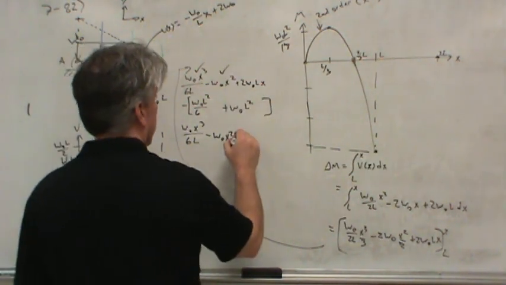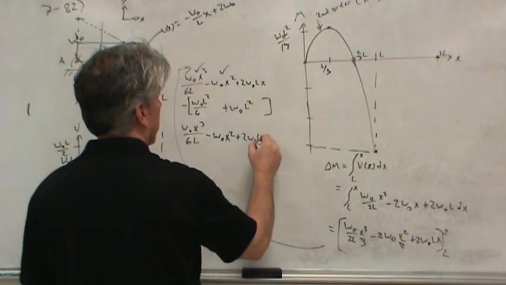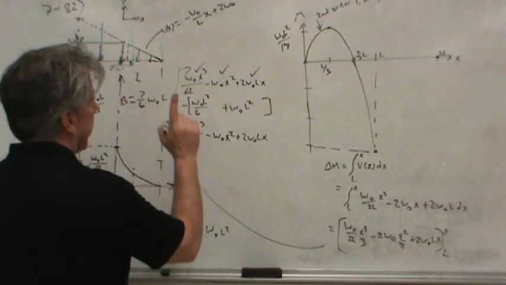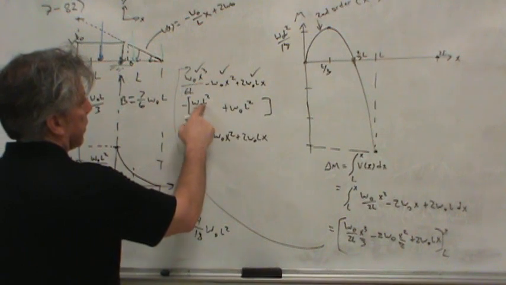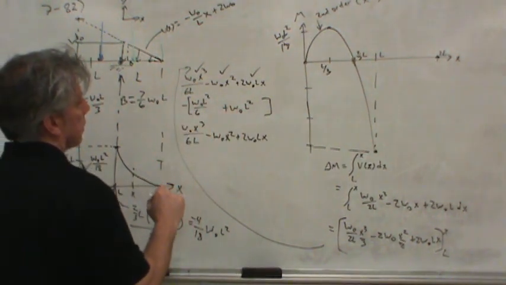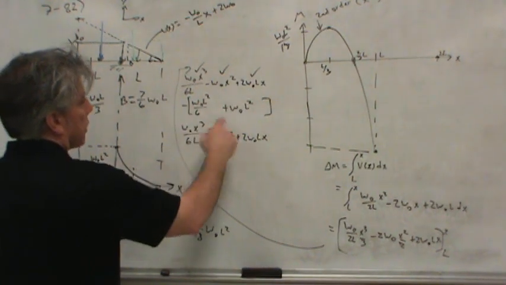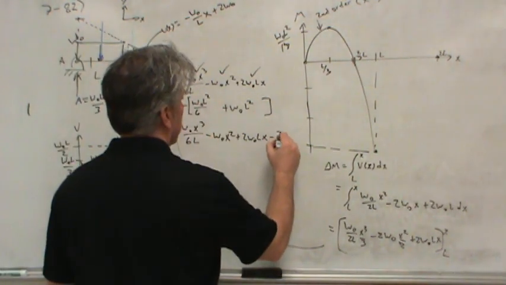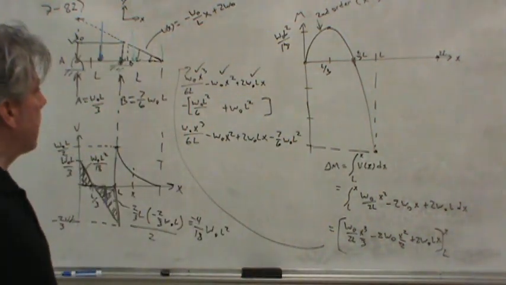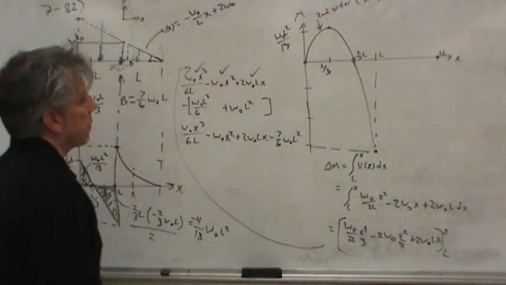There's a first order term, plus 2 W naught L x. And then, actually we can combine these two, right? Because W naught L squared are the same factor. So this is 1/6 plus 1, so minus 7/6 W naught L squared, because of course that negative sign makes both of those negative.